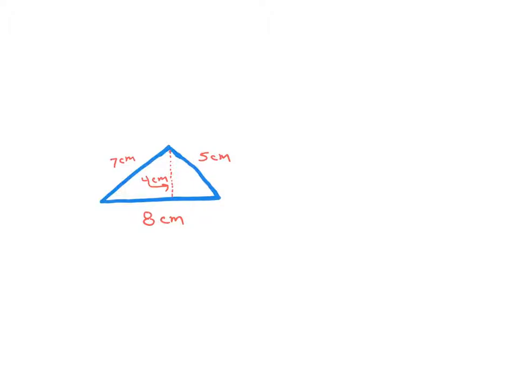In order to find the area of this, I'm going to need to multiply the base times the height, and then whatever I get, I'm going to need to divide that by 2. Well, the base is 8, the height is 4. 8 times 4 gives me 32, but then I need to divide that by 2. So the area of this triangle is 16 square centimeters.